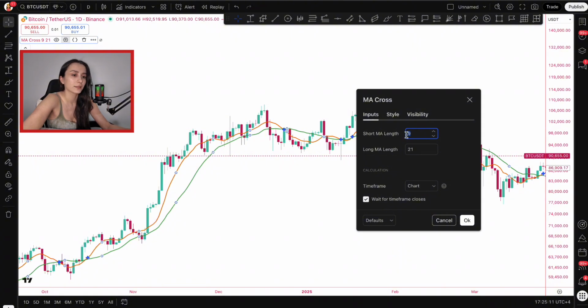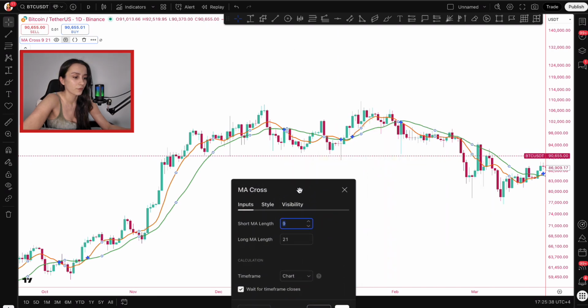I made it daily time frame to let you understand easily. That means the 9 days of candle values going like that. As you can see, the orange one. And the long MA means 21 days average value. The green one is also giving me 21 candles average value.